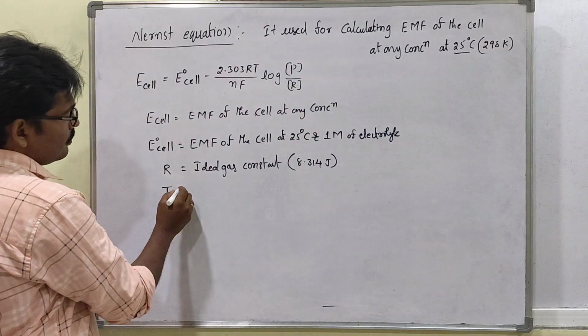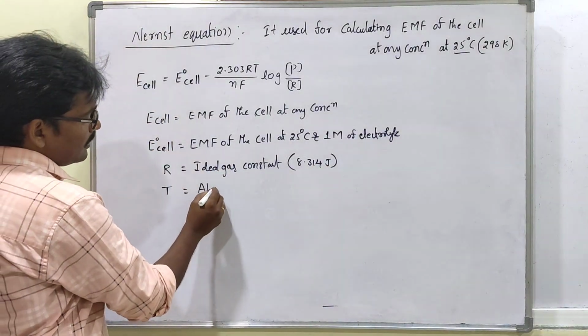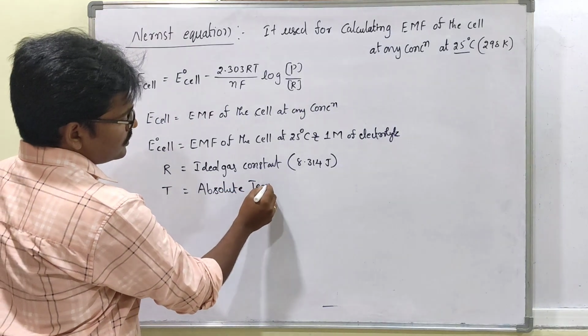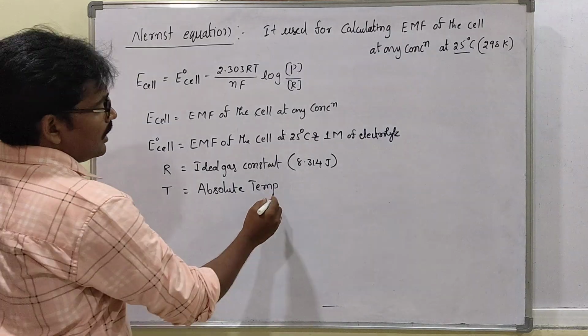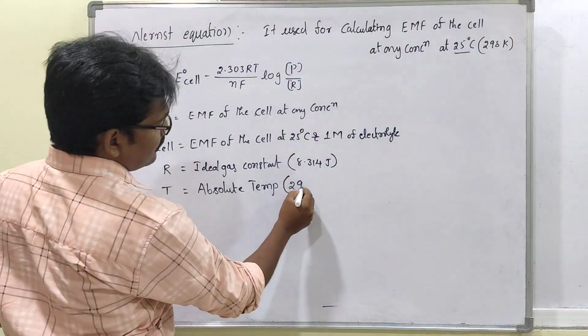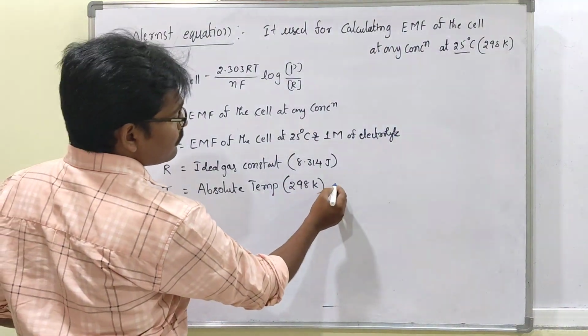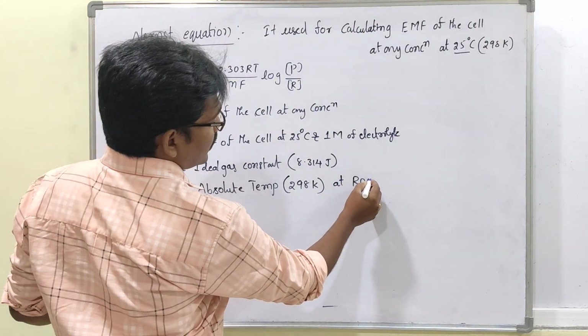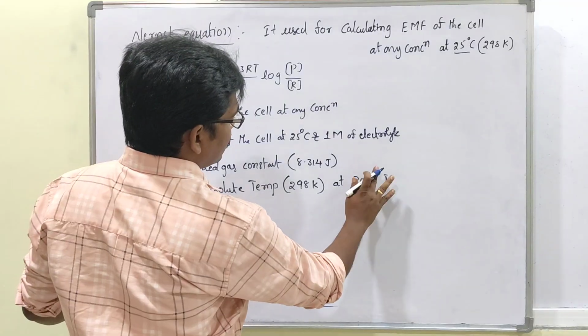Then for temperature, we have to use absolute temperature, that is 298 Kelvin, because we are finding it at room temperature itself.